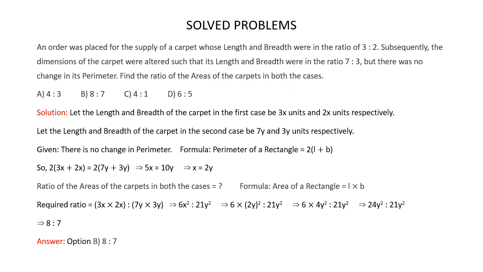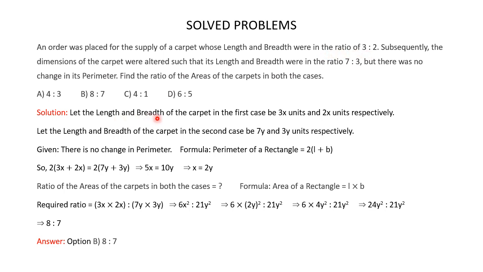For this, first you have to find the area of the carpet in the first case, then find the area of the carpet in the second case, and then find the ratio of the two. Now it's given that the length and breadth of the carpet in the first case were in the ratio of 3:2.